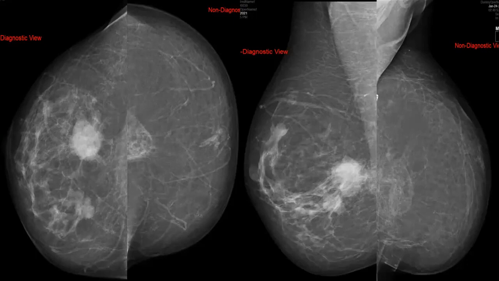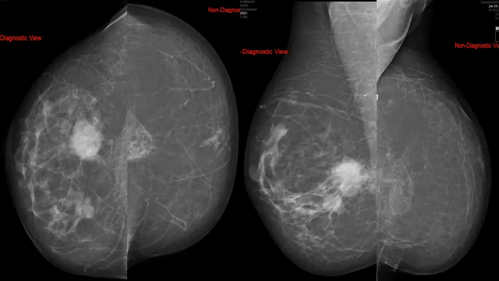However, it showed a mass in the right breast, posteriorly, in the posterior part of the breast centrally.